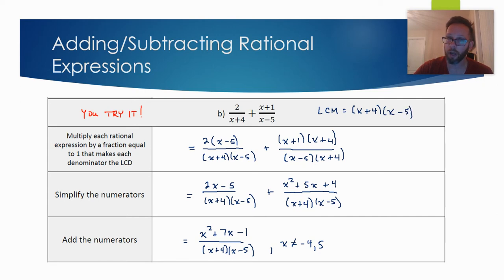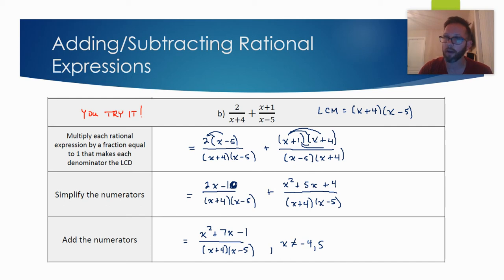First expression needs the x minus 5, multiply top and bottom. The second one needs the x plus 4, multiply top and bottom. That wasn't too bad, guys. Distributive law or FOIL. We get 2x. Oh, okay. I'm glad I caught that. 2x minus 10. And the next guy is good.